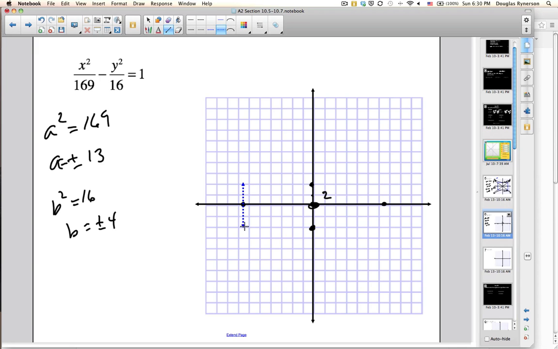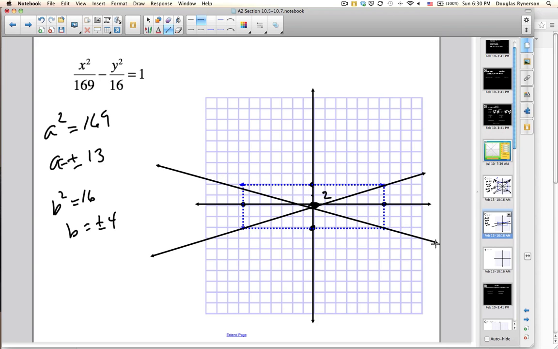Right, and the box goes here, here, here, and here. And I know that my asymptotes pass through the corners of the box and through the center. So there's one, there's another. This one was horizontally oriented.